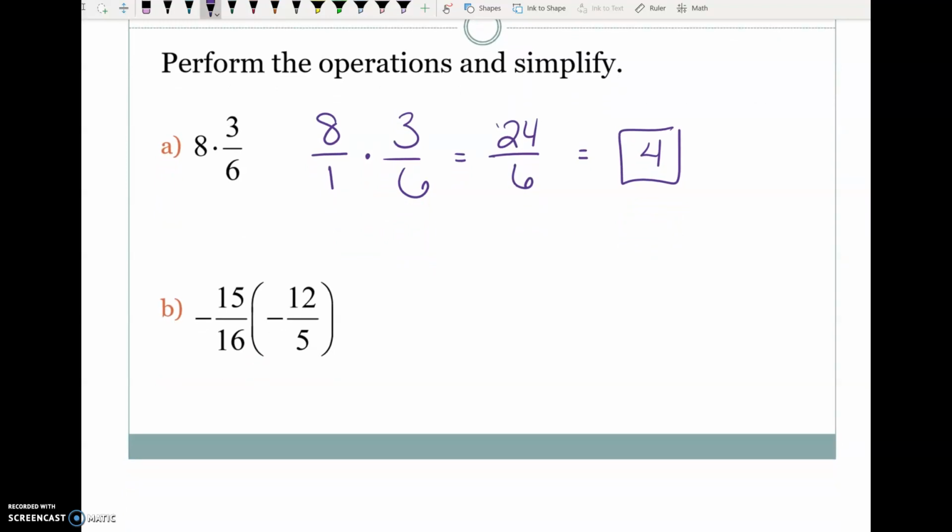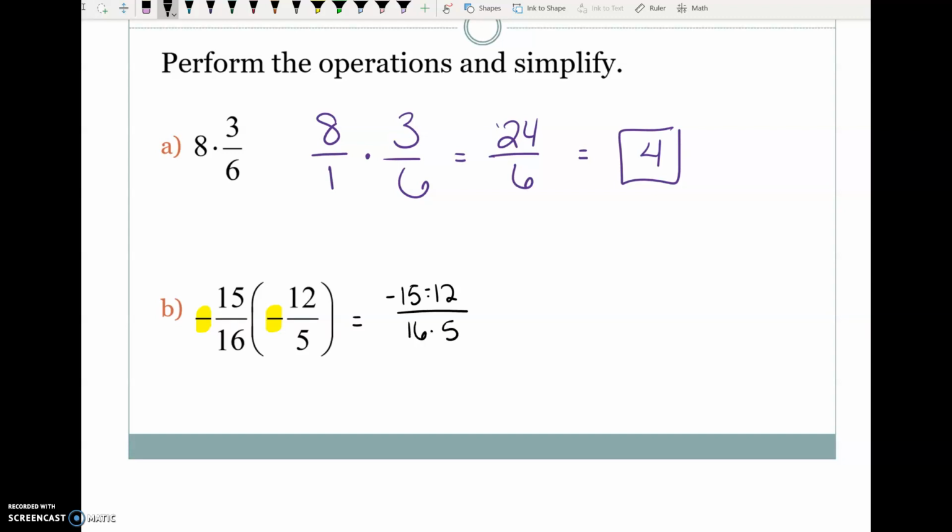Okay, we've got negative 15/16 times negative 12 fifths. The parentheses are just indicating multiplication. What I notice is that when you do a negative times a negative, it's going to become a positive. So I can just ignore the negatives, honestly. And we can do 15 times 12 on the top, and we can do 16 times 5 on the bottom.